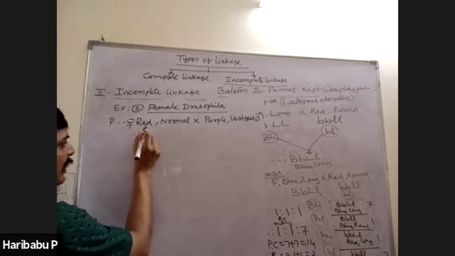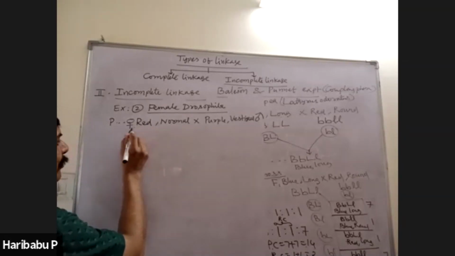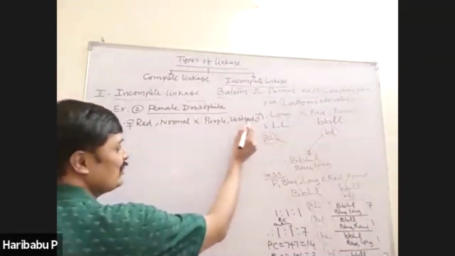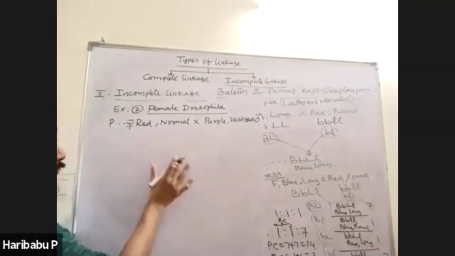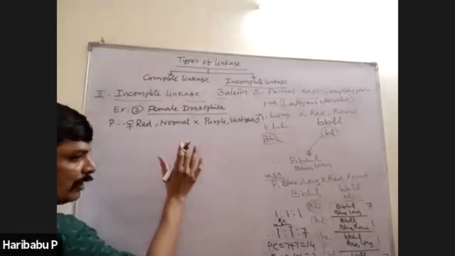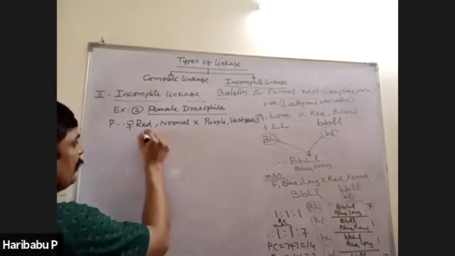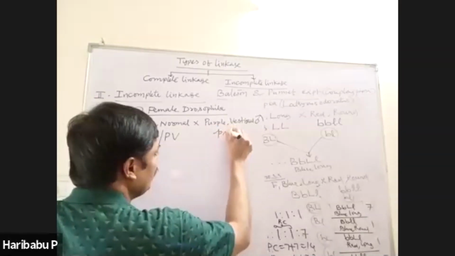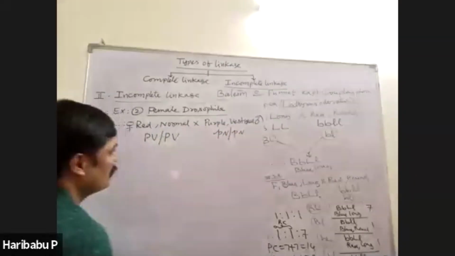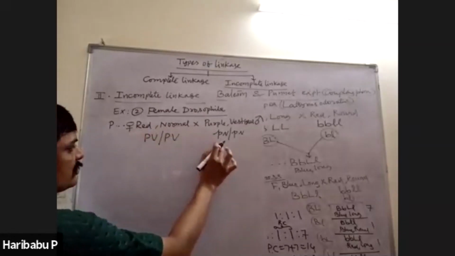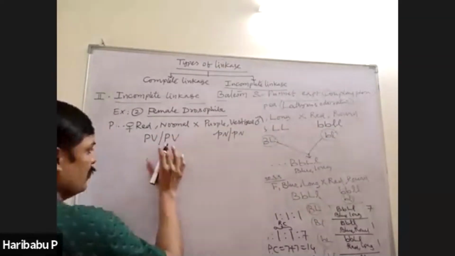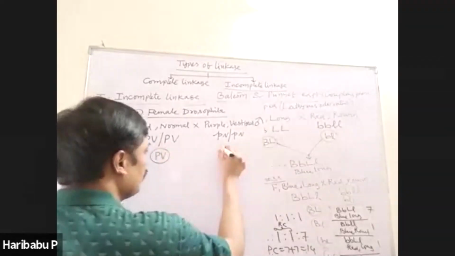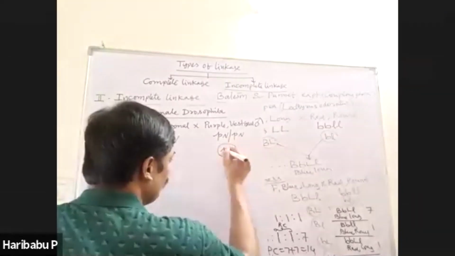When a red-eyed normal winged female Drosophila is crossed with a purple-eyed vestigial winged male, in the F1 all red normal were obtained. Capital P, capital V, small p, small v, right? This is the genotype for this one, this is the genotype for this one. Now, one type of gamete is formed here because both are homozygous.